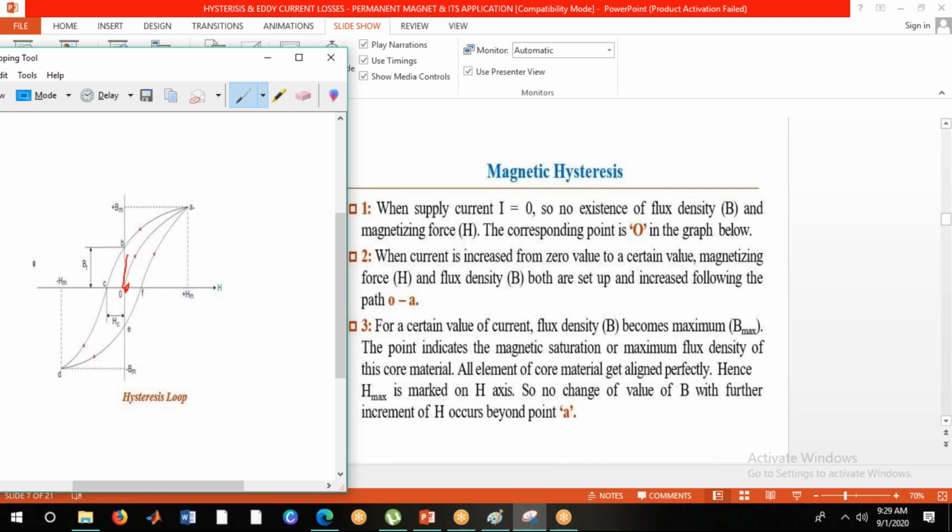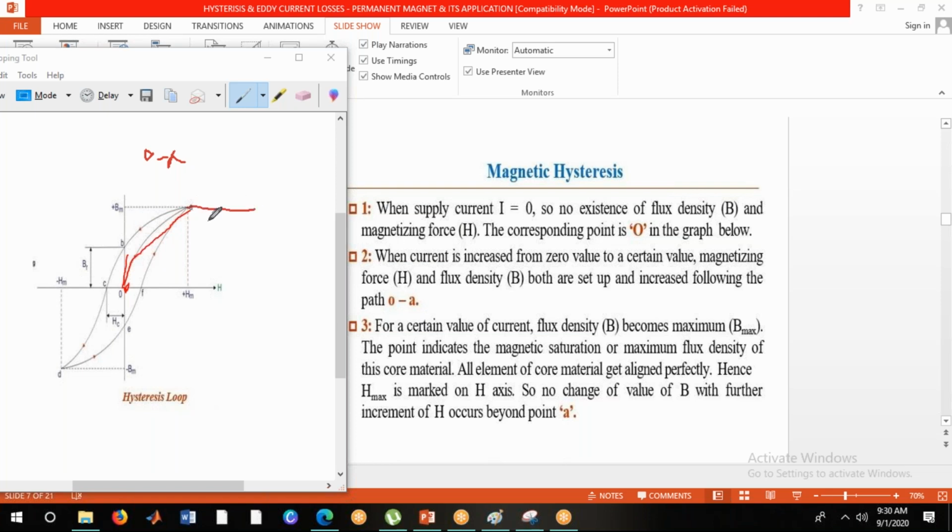So ఈ 0 నుంచి A వరకు ఫ్లో అవుతుంది in this direction. ఓకేనా. సో ఈ ఏరియా ఎప్పుడు క్రియేట్ అవుతుంది, when the current is increased from 0 to a certain value, magnetization force and flux density are both set up and increase, flowing along the path OA. ఓకేనా. After that, when the current is flowing through the conductor, the flux intensity and density keep increasing and reach point A. This is point A, and this point is called the saturation point. After this point the graph looks like this.